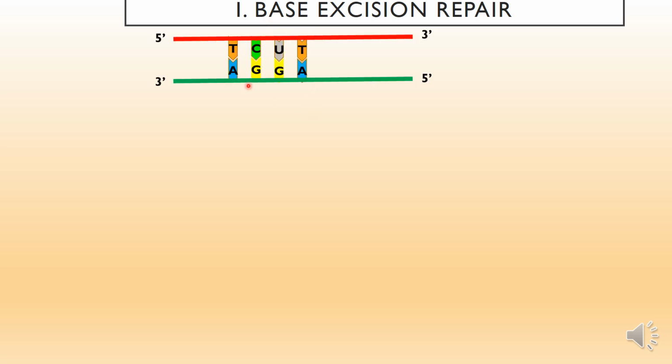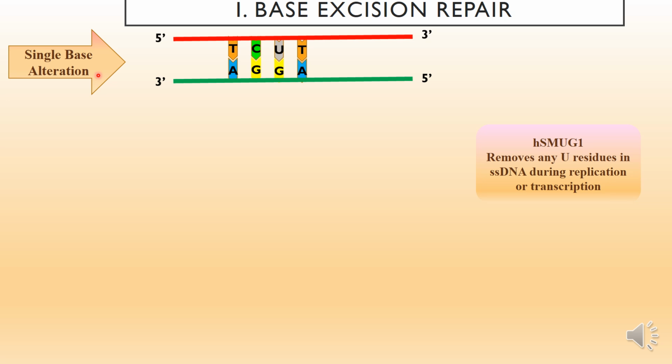Now we come to the first kind of repair mechanism. Let us look at the details. This is the base excision repair mechanism, where you can see that these are the two strands. This is the 5' to 3' and 3' to 5' end. There is single base alteration in base excision repair, and this single base alteration is detected by HSMUG1.